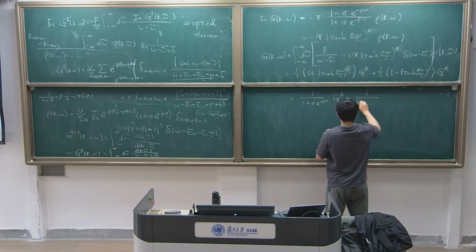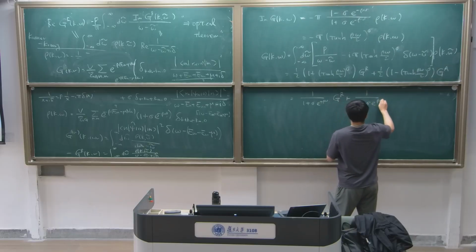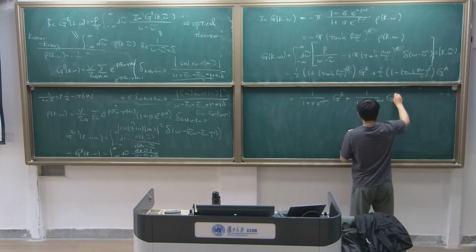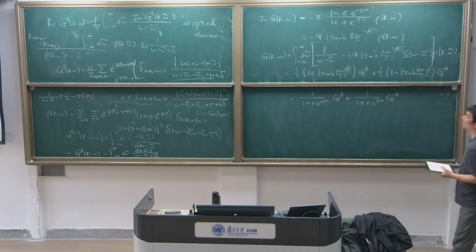And this is 1 over 1 plus sigma e to the beta omega. So you can just write it down. It's very, very nice.